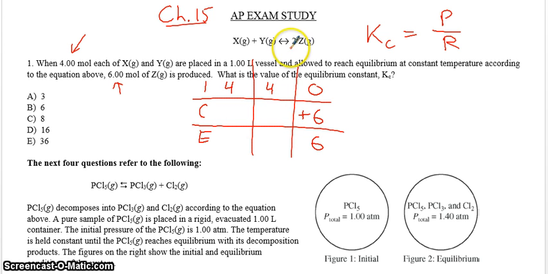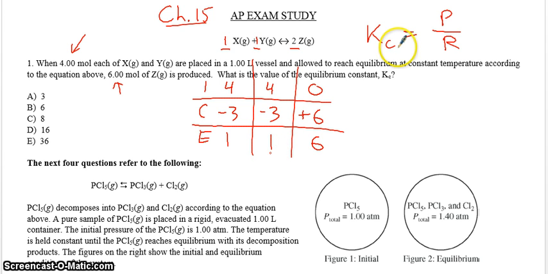Now the stoichiometry tells us that for every 2Z we gain, we lose 1Y, 1X, because these are 1s, which means we lost 3 here, we lost 3 here. Combining the initial and the change, we have 1 and 1 left at equilibrium.